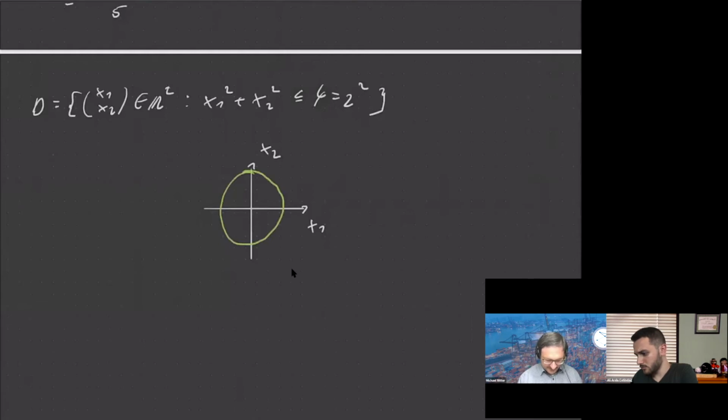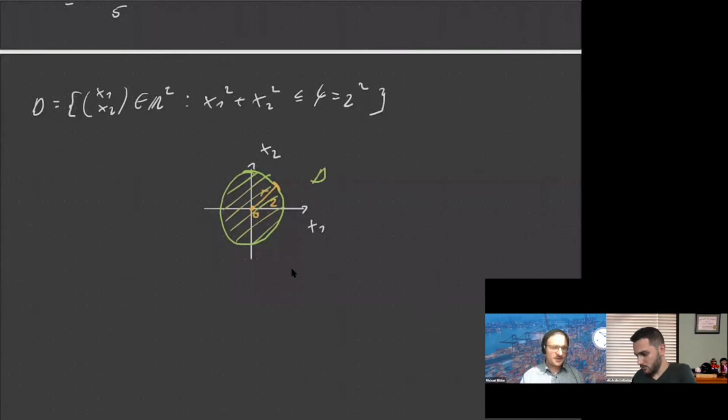So this is the set D. Now the question is, how do I describe that set in polar coordinates? Well, obviously the radius is limited. The radius is the distance of a point from the origin, so that is limited by this line here. The maximum radius I can get is 2. The minimum radius I can get is 0. So that will be between 0 and 2.